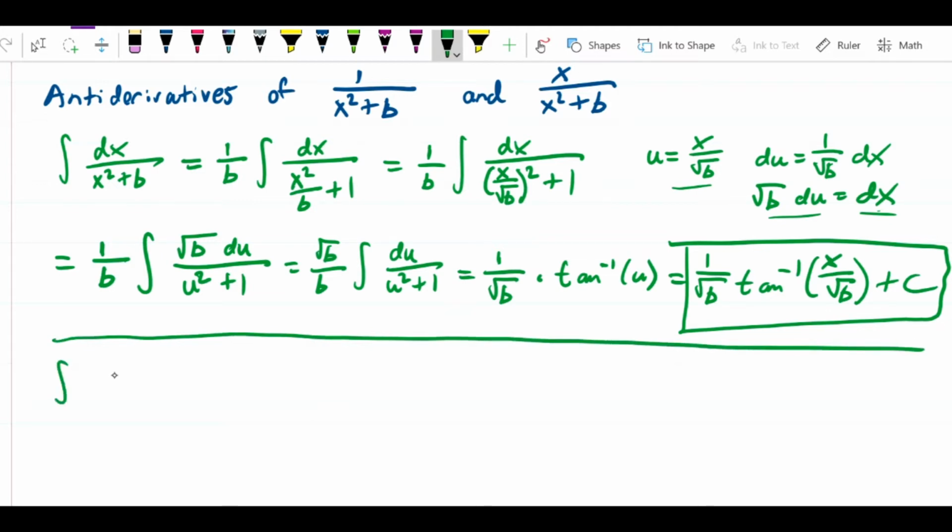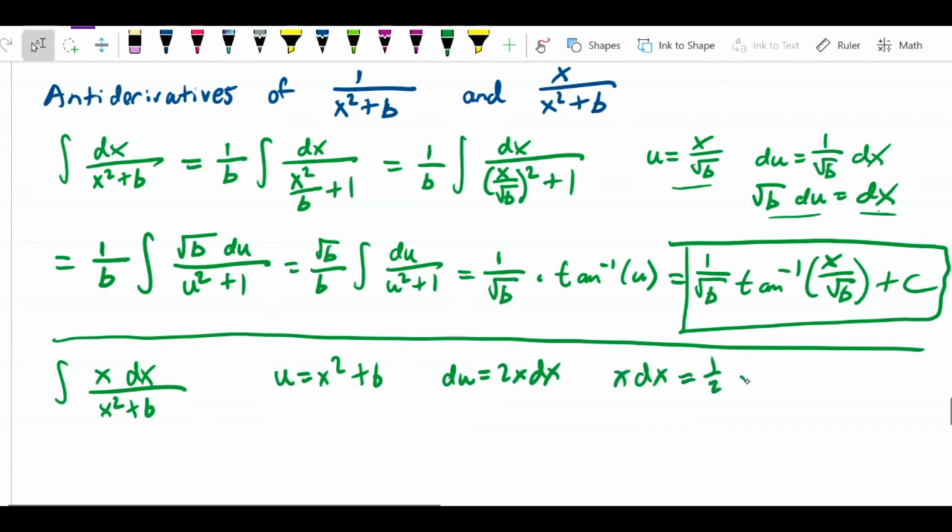Let's find the integral of x dx over x squared plus b. This can be done by a more straightforward u-substitution: u equals x squared plus b, du equals 2x dx, so x dx equals 1/2 du.